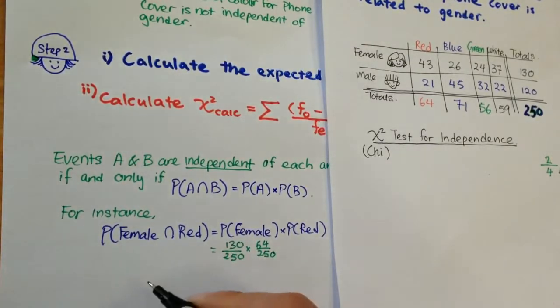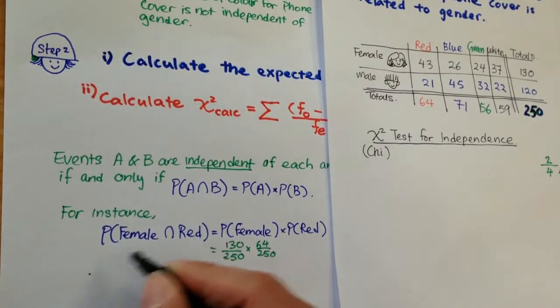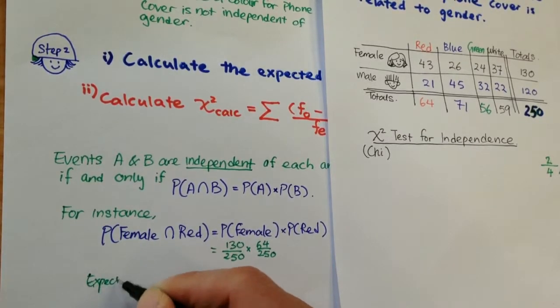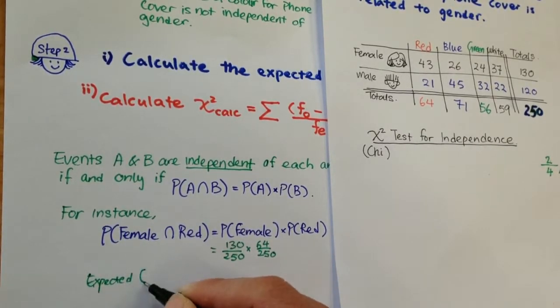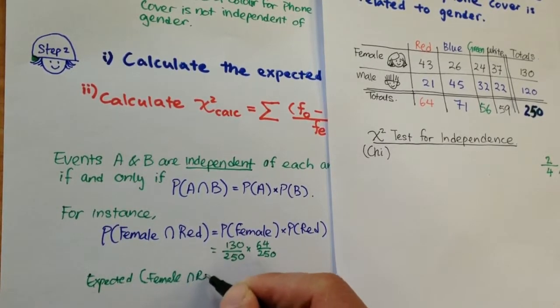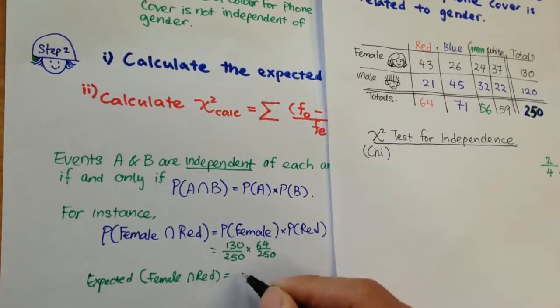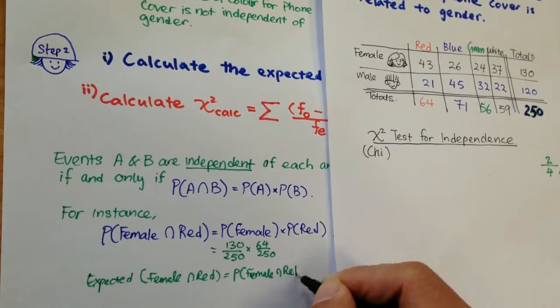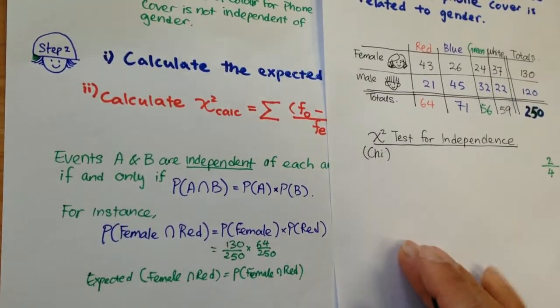And if you want to figure out the expected value for female and red, then what we do is take the probability of female and red, and multiply by the sample size.